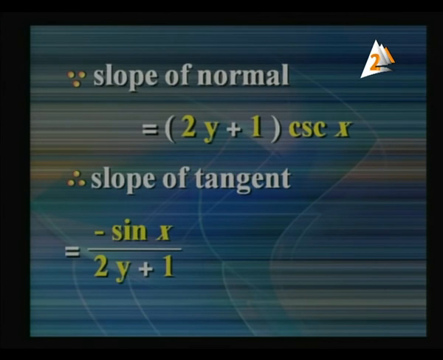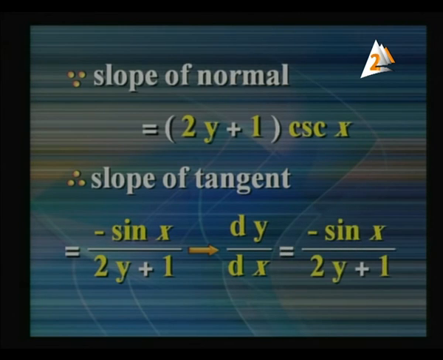The slope of the tangent, dy over dx, equals negative sine x over (2y plus 1). This is differentiation. After that, we find the integration of (2y plus 1) dy equals the integration of negative sine x dx.